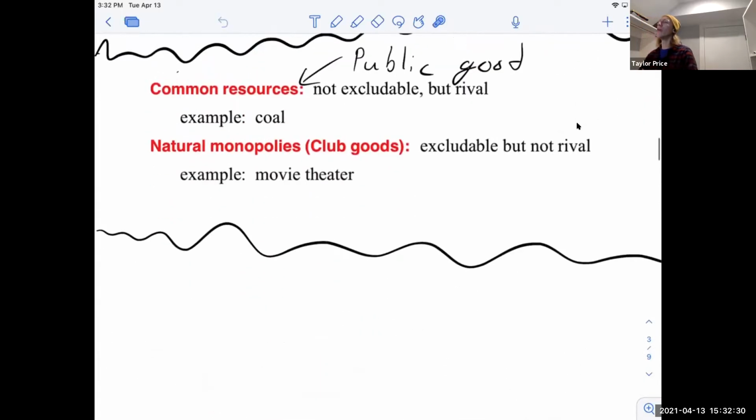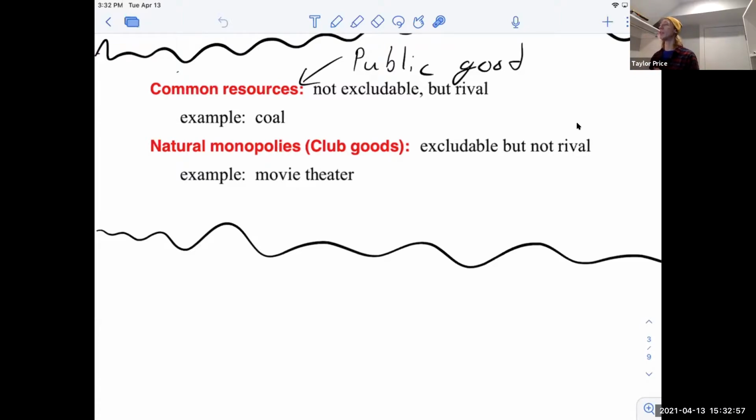Okay. Another question was asking how do you differentiate a common resource from a natural monopoly? The big thing here is that common resources are not excludable, but rival. So you can't stop people from consuming them, but if I consume the good before you do, that means you don't have the good to consume.